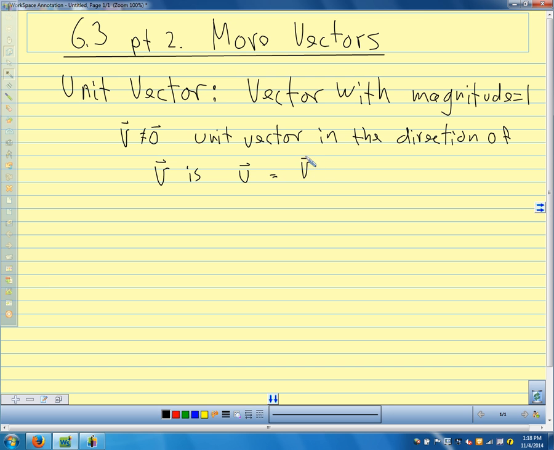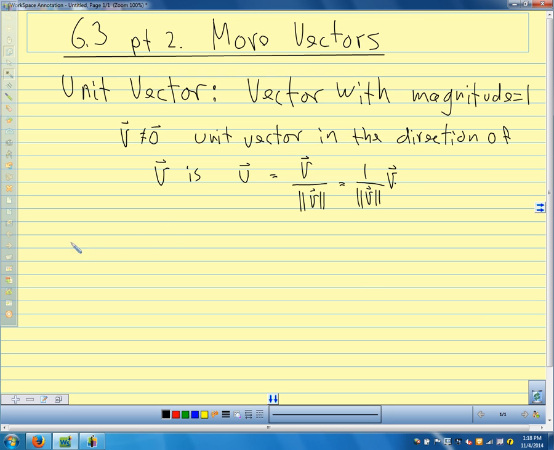All we do to find a unit vector is take our vector and divide it by its magnitude. So basically we're dividing out the length. And you'll also see this written as 1 over the magnitude times v. So we're taking our vector and we're dividing the length out of it, basically.